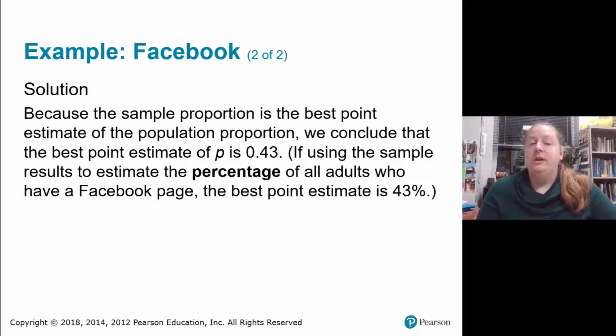So we conclude that our best point estimate of the population proportion is 0.43. If we were asked to estimate the percentage of all adults, we would use that 43% that we were given. With point estimates, it really is just that simple for proportions.